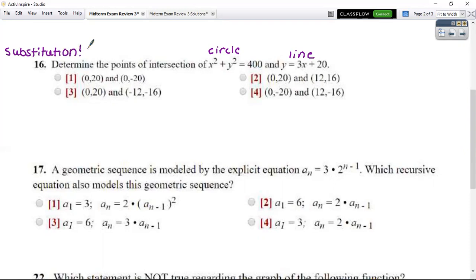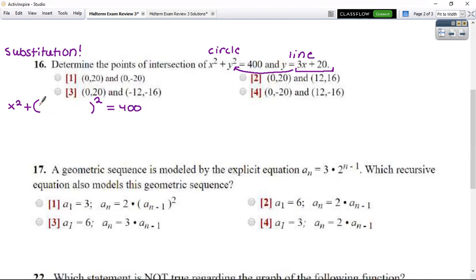We're looking for where these cross. So we're going to take this 3x plus 20 and replace it right where you see the y squared. So what this gives me is x squared plus, I'm going to do a big parenthesis, we'll place that in there in a moment, and this is equal to 400.